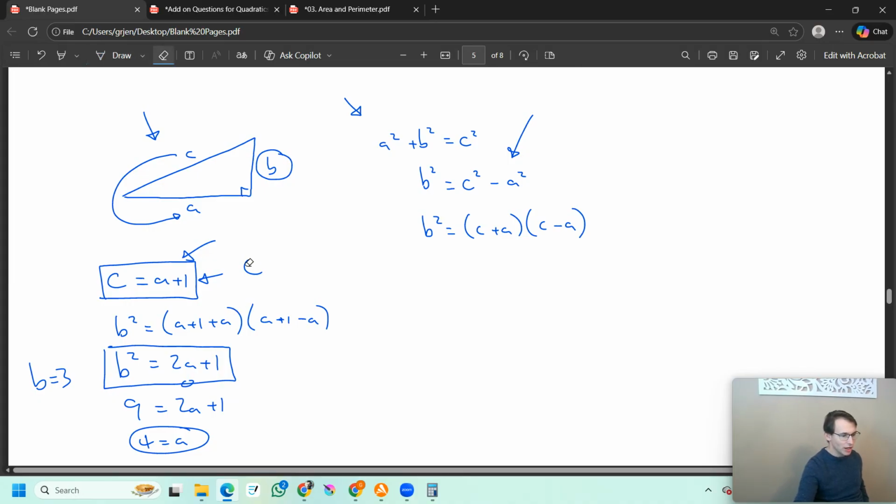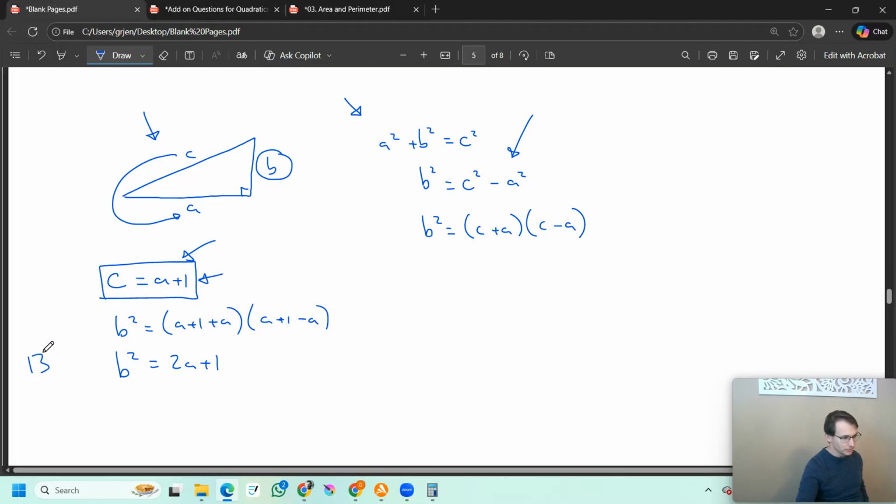Let's see if we can try a bigger odd square. Let's say b is something different. All right, we're going to make b an odd number that you like, 13. Okay, so that means b squared is 169 equals 2a plus 1. That means a equals half of 168.